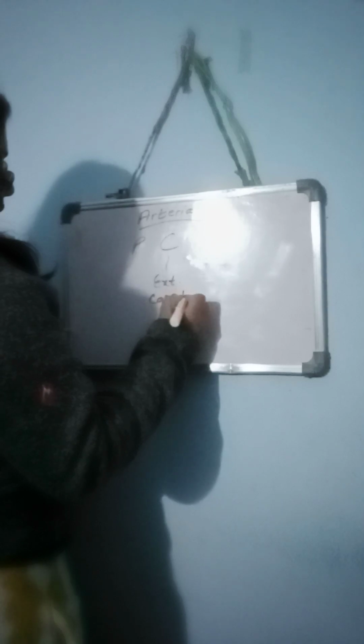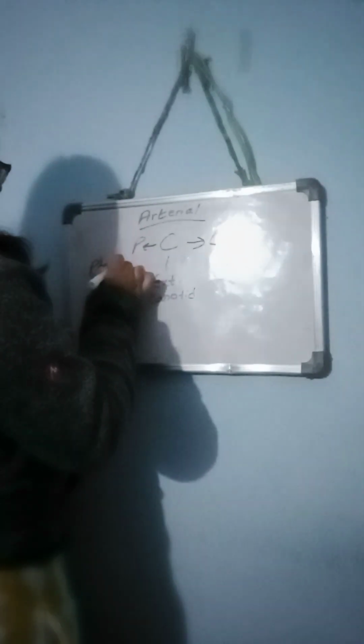This external carotid gives rise to the pharyngeal and laryngeal arteries. Also we have the facial artery that gives rise to the tonsillar artery. This was the arterial supply.